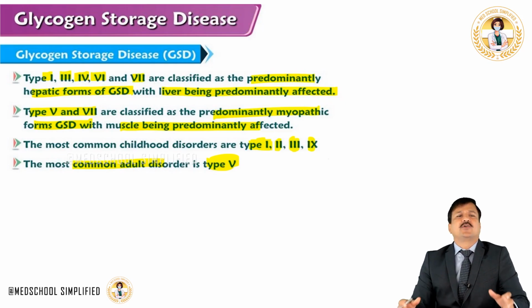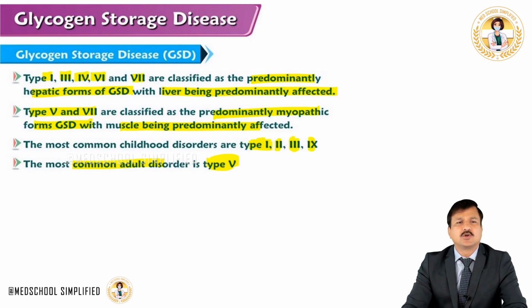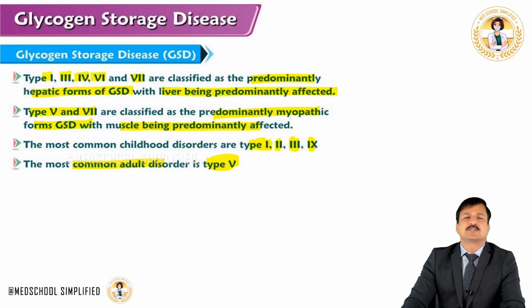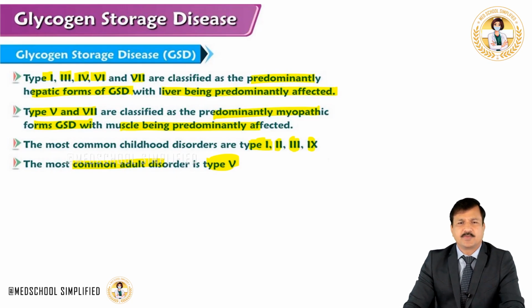So like this, we can broadly group glycogen storage disorders as hepatic form and myopathic form, and also we have seen which type of glycogen storage disease is most common in childhood and which type is most common in adulthood.